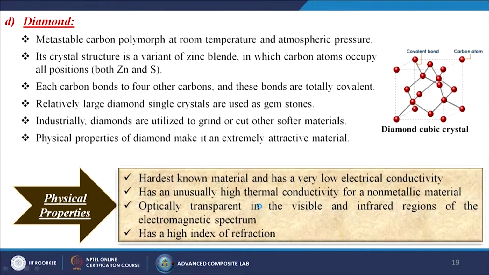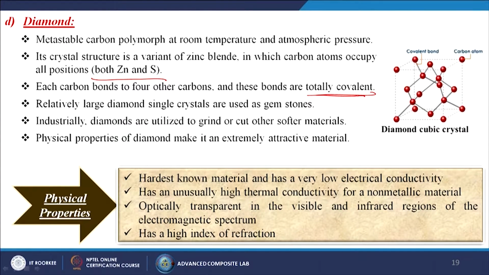Now we are going to discuss diamond. So, what is diamond? A metastable carbon polymorph at room temperature and atmospheric pressure. Its crystal structure is a variant of zinc blende in which carbon atoms occupy all positions, both zinc and sulfur. Each carbon bonds to 4 other carbons and these bonds are totally covalent.